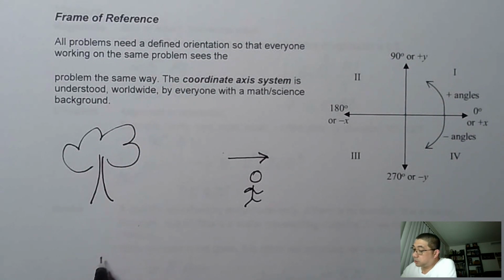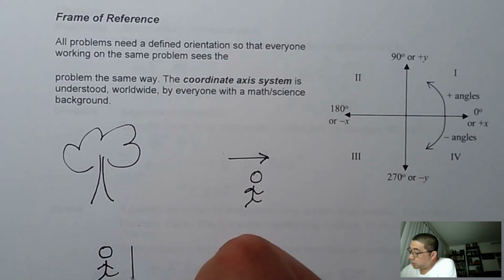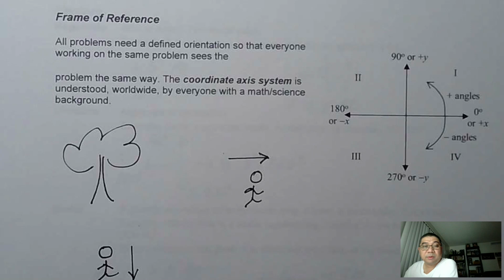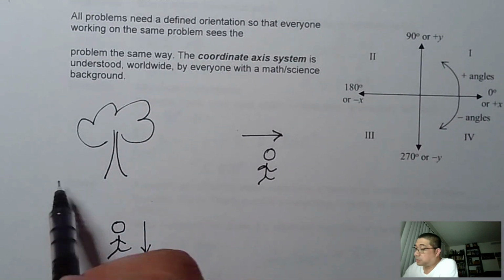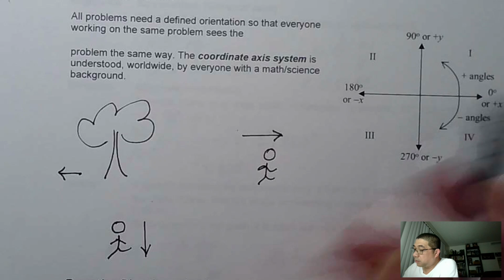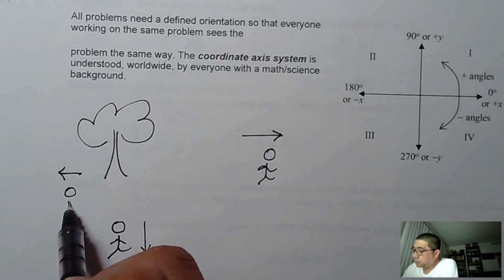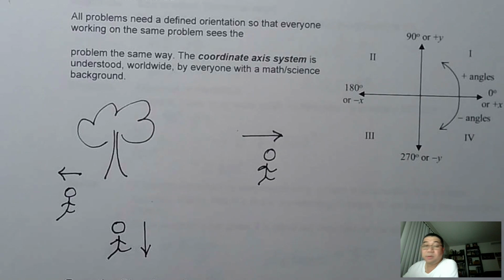And at the same time, two of your friends are moving away from the tree from different directions, and you want to figure out everybody's location at a certain time.